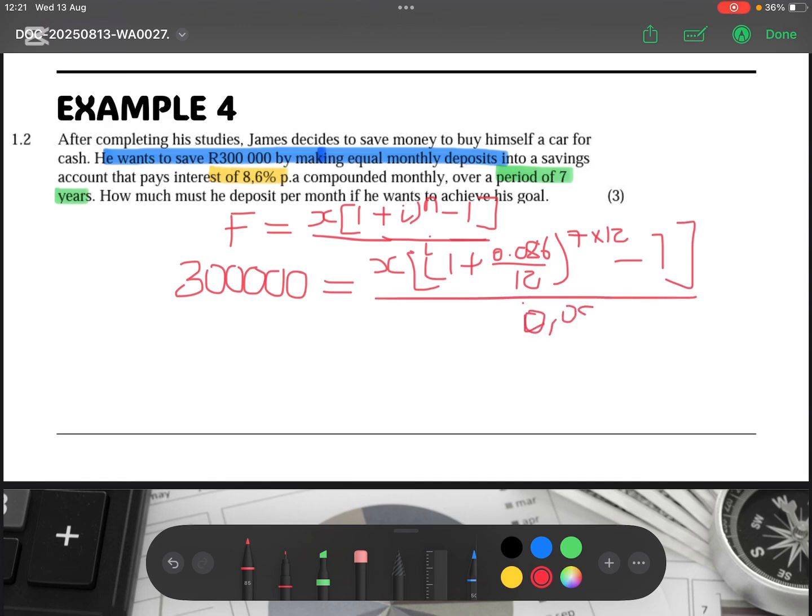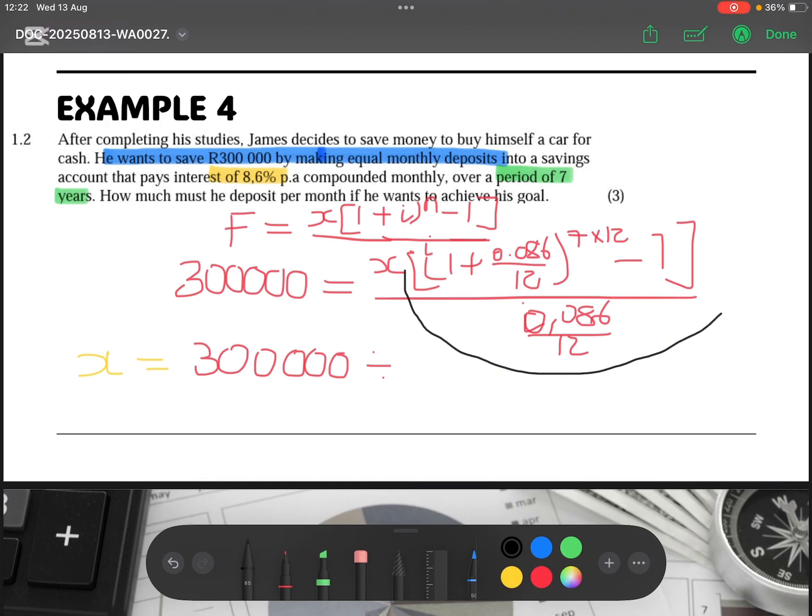And then the interest rate in this case will be 0.086 divided by 12. So now the same way we do it. You're going to say x, which is the monthly installment, will be equal to 300,000, and then you divide by everything. Everything we're talking about, going to divide by that, right?